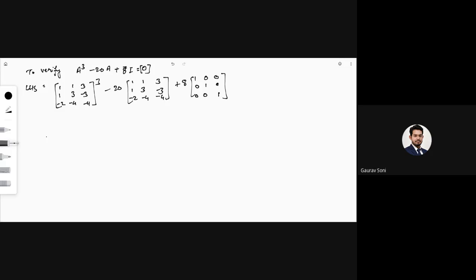So as I said, you can do the cubes on the calculator. So I will do the cube, and the cube of this I'll directly write down as a matrix. If someone has a scientific calculator, please let me know. I'll tell you the steps, or else I'll do it and directly write down the answer.